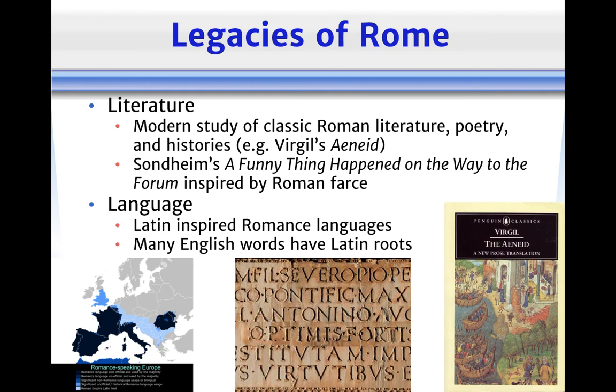And then, of course, lastly, we should think about the significance of literature and language and how the Romans contributed still to our present day literature and language. As far as literature is concerned, some of the classical Roman poets, playwrights, historians, and philosophers, we still study them today. So I'd like to think about Virgil's The Aeneid as one of the most famous examples of Roman literature.